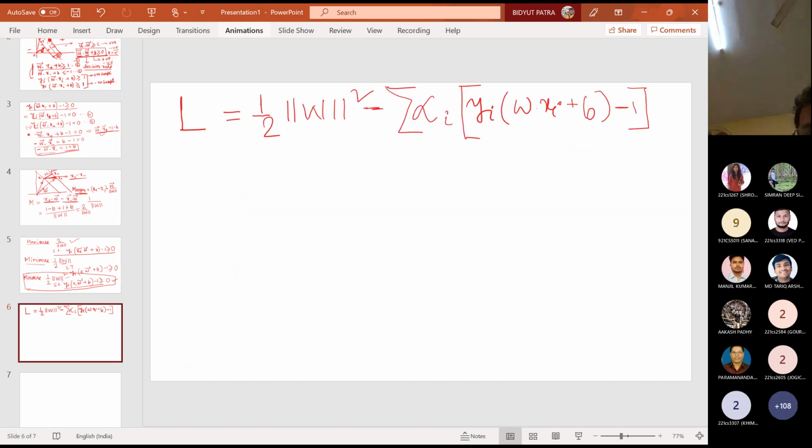So this is the Lagrangian. Now instead of having so many constraints, we have a single function. Obviously this should be for all samples i.